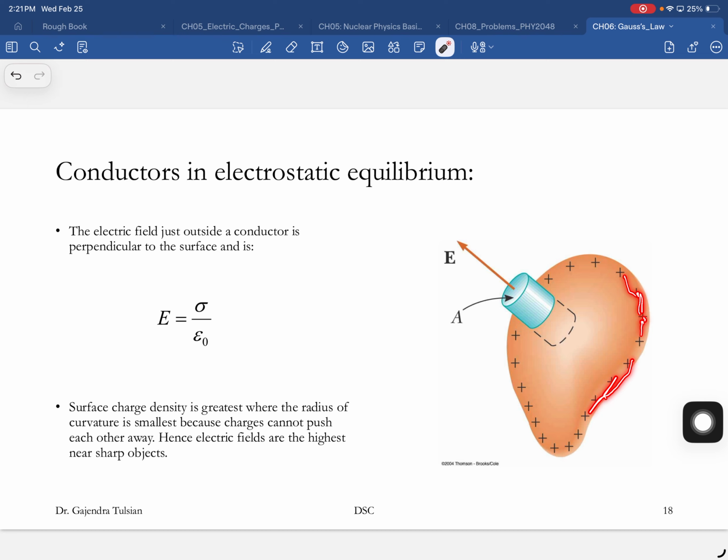Radians was arc length divided by radius. Now we'll define a solid angle, denoted by omega. It will be area divided by r squared. So the solid angle subtended will be area divided by r squared.